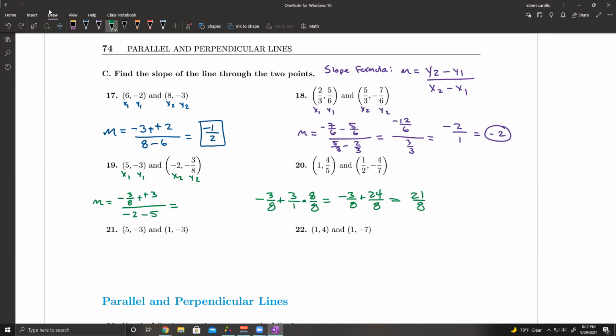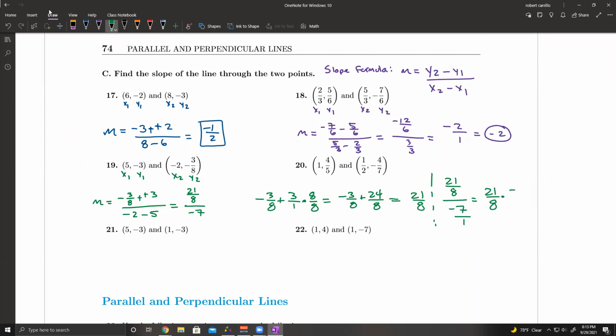And you get negative 3/8 plus 24 over 8, which gives me 21 over 8. So that's what goes up here. 21 over 8 over negative 2 minus 5 gives me negative 7. Okay. And then more fraction work. 21 over 8 over negative 7. Put that over 1.